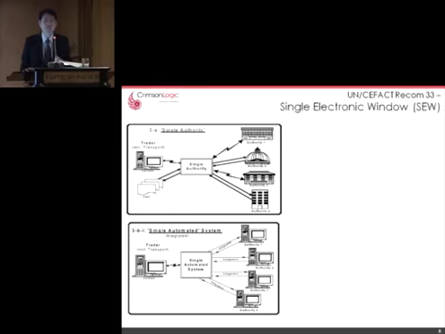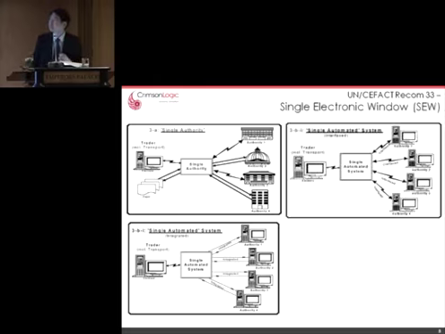A variation of this is that customs and OGAs have an interface to the system. The difference is that in one, the OGAs and customs come into the single window to do their approval, their viewing of the form submitted. In the other model, the customs and OGAs have their own IT system that interfaces with the single window. So those are the two differences.